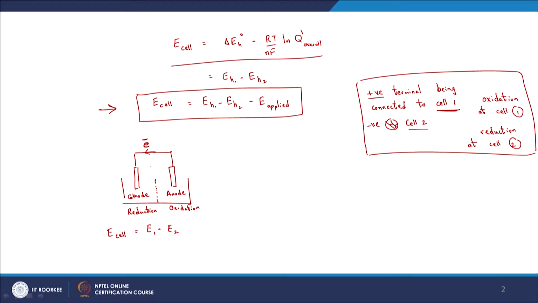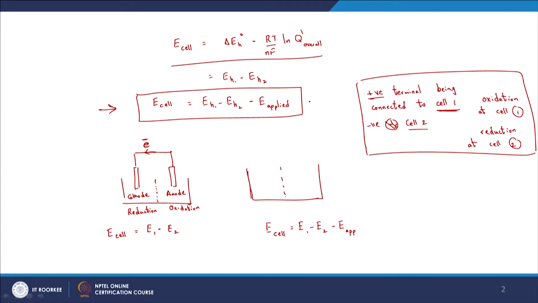So here we are now going to consider the second case, when we apply an external potential. I am going to use the symbol with respect to negative and apply it similar to what we had here. That means my positive terminal now needs to be connected to cell 1. Let us see what that entails.